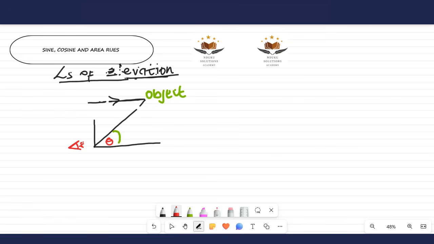Here's the object, and this is you looking at this angle. This will be the horizontal line, and this line from the object will be parallel to it. And this will be our angle of elevation.